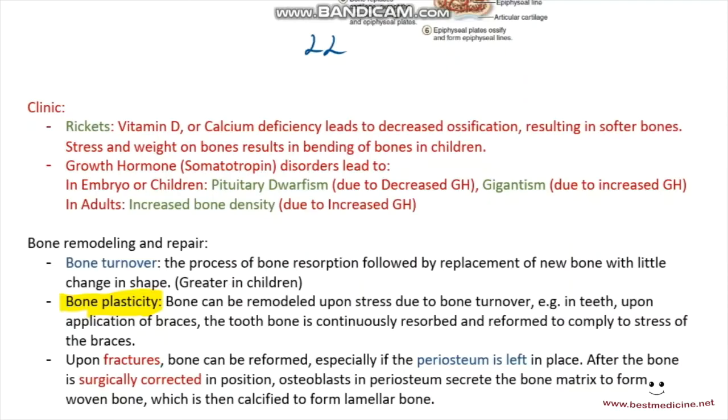Similarly, with decreased growth hormone in children, we have what's called dwarfism, usually pituitary dwarfism, because growth hormone is released by the pituitary gland. We'll look at it in the endocrine signaling chapter. And similarly in adults, if there's increased growth hormone due to some pathology, then it results in increased bone density.